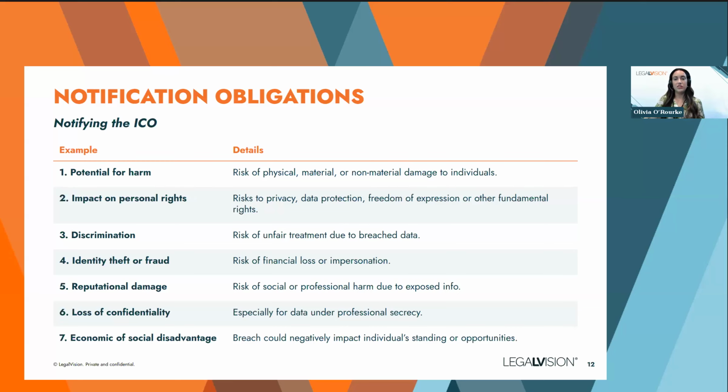So could there be a risk of social or professional harm as a result of the information that's been exposed? Obviously, loss of confidentiality, so other things that could be exposed that are protected by professional secrecy, and obviously economic or social disadvantage. So is there a situation where the breach could negatively impact their opportunities or their standing?